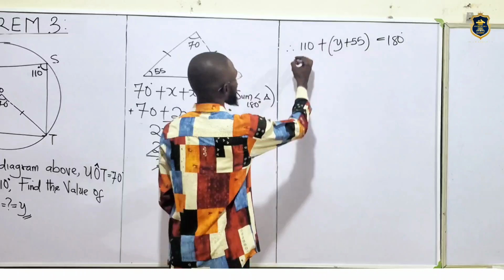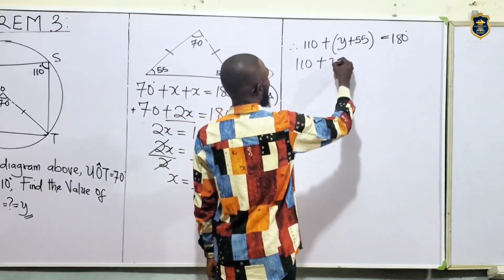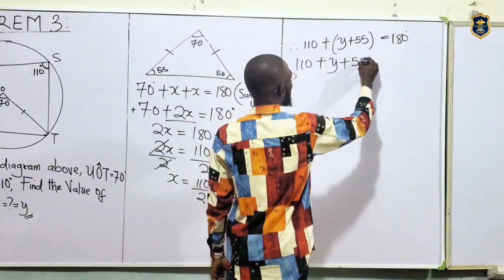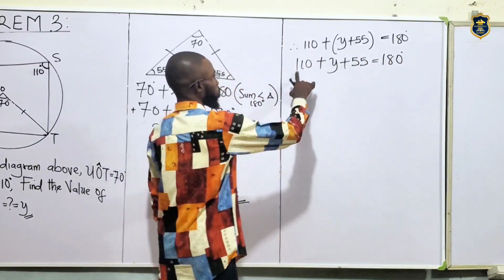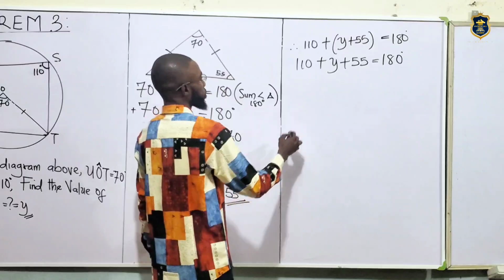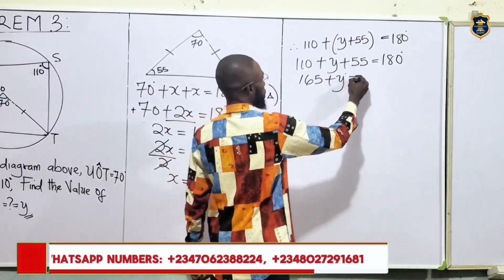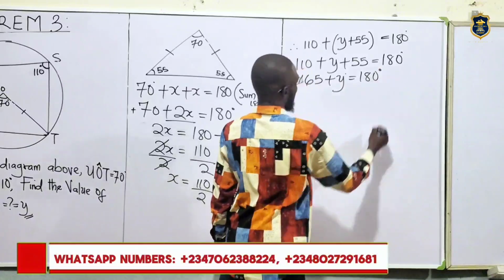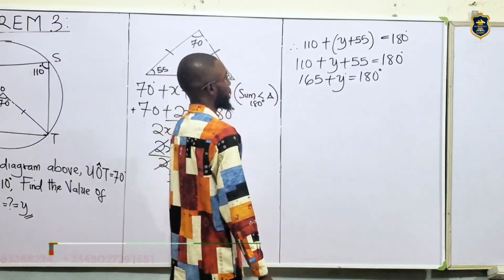So from there we have that 110 plus Y plus 55 will be equal to 180. So from there what happens? 110 plus 55 should be what? 165 plus Y degrees equal to what? 180. So we collect like terms because 165 cannot add up with Y, right?